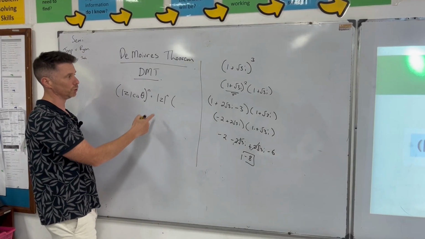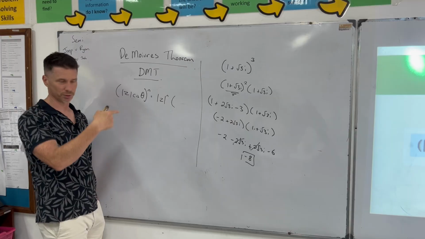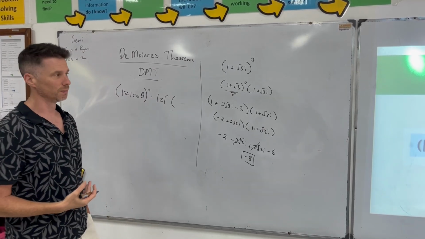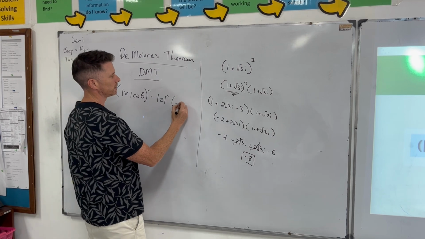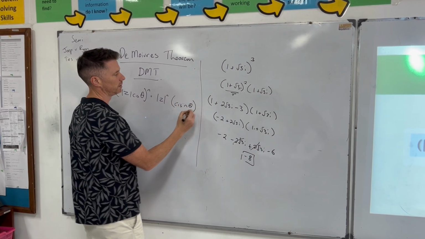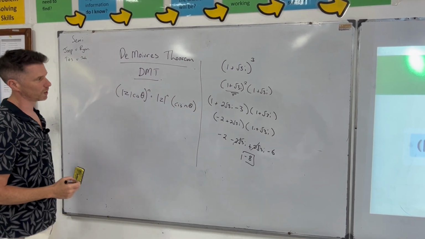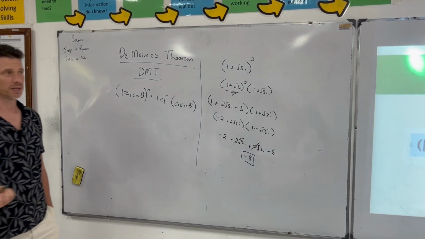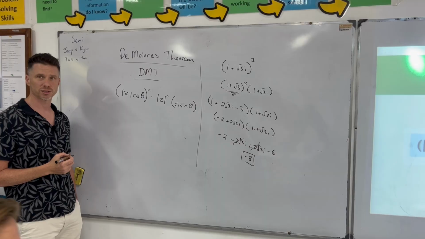So if it was 2, you'd end up multiplying by 2 a load of times, and adding the argument a load of times. Repeated addition is multiplication. So we do cis n times theta. It's just an application of add the argument, multiply the modulus.